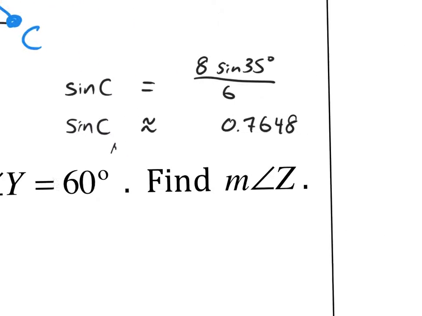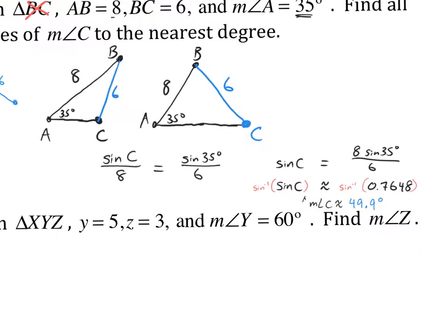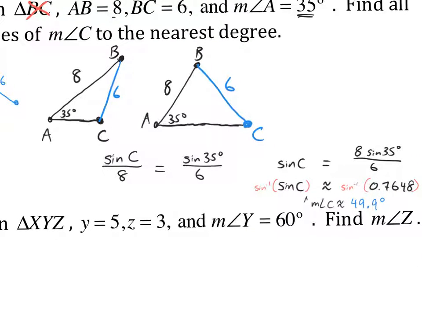And the reason I left so much space right there is because I do need to do inverse of sine. So that means the measure of angle C is going to be approximately 49.9 degrees. Okay, now that's one possible situation. So the measure of angle C could be 49.9 degrees.